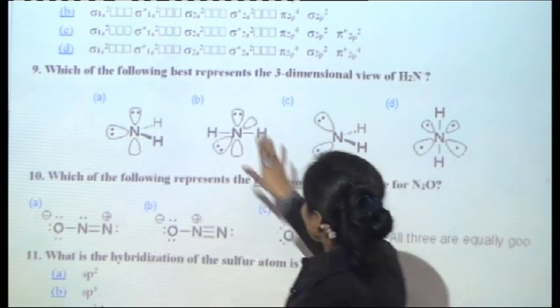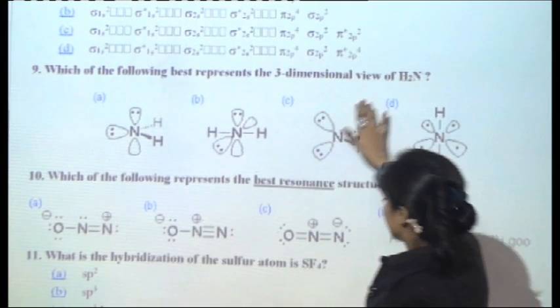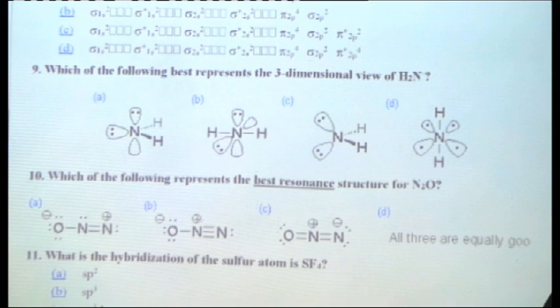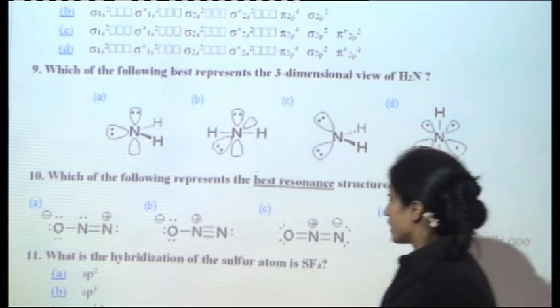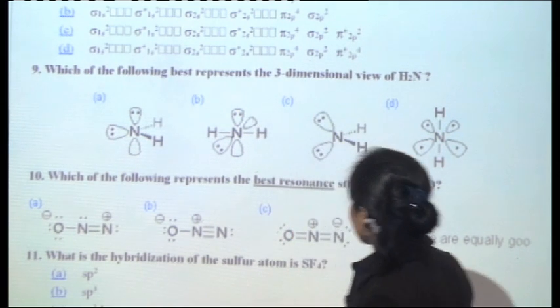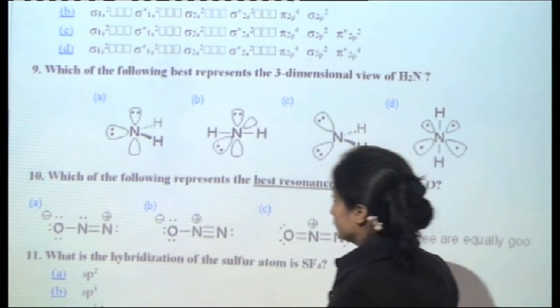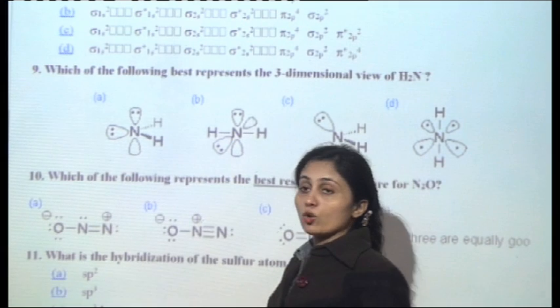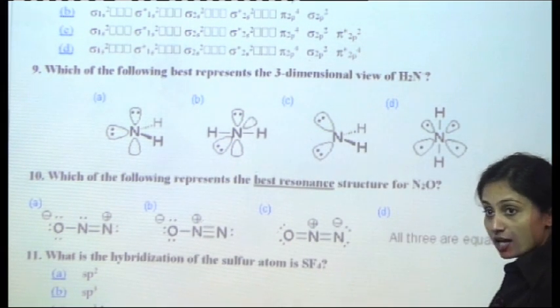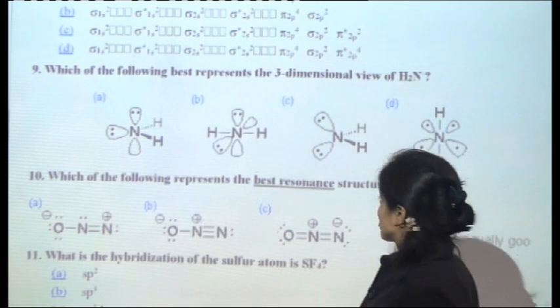Which of the following represents best the three-dimensional view of H2N? Which represents the best one for H2N? Wherever your lone pairs are far apart from each other, and you can even try out working for hybridization in this case.